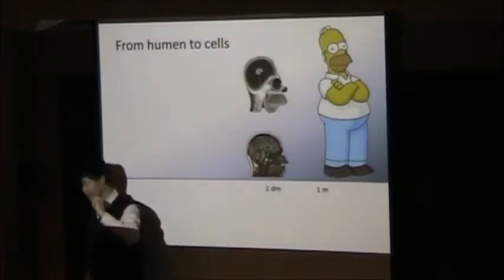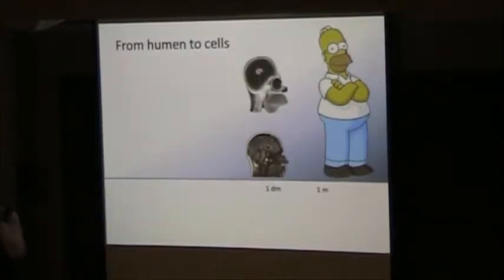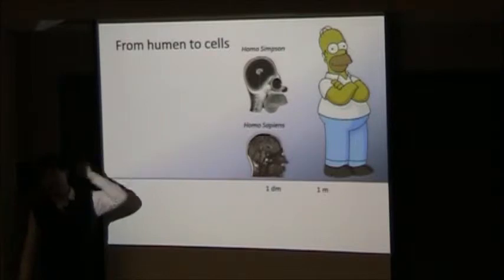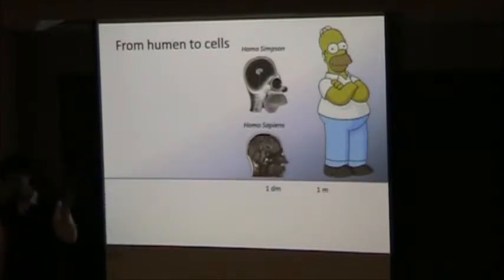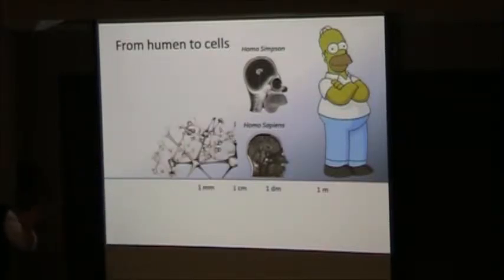It's like this, and even based on that, probably we can define a new species other than Homo sapiens, Homo simpson. And even for a simple brain like that, it's still made of a very complicated network of neurons. And they talk together, they get our brain working, and that's at the sub-millimeter, millimeter, centimeter scale.